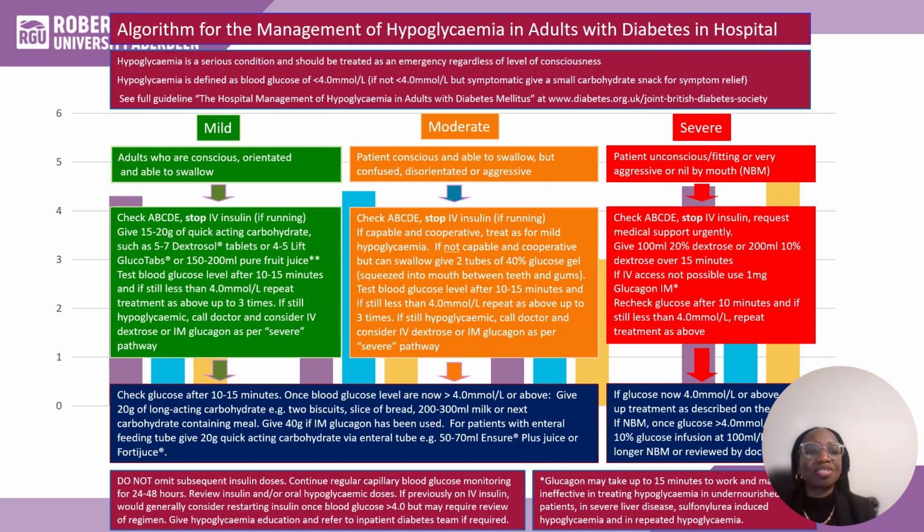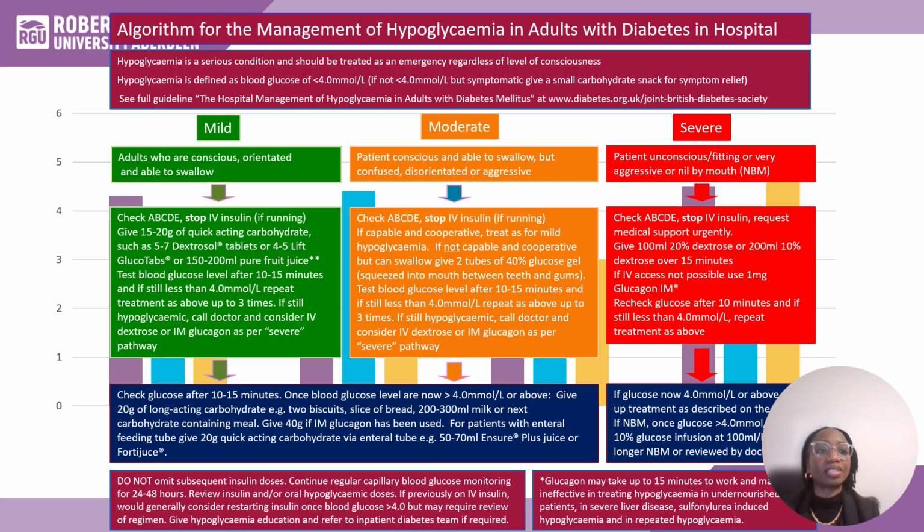So this is a colorful algorithm for the management of hypoglycemia in adults with diabetes in hospital. Again, I've included this here for completion, for you to see how this can be managed, because hypoglycemia is a serious condition and should be treated as an emergency regardless of the level of consciousness. So even when the person is still able to self-treat, they must treat.